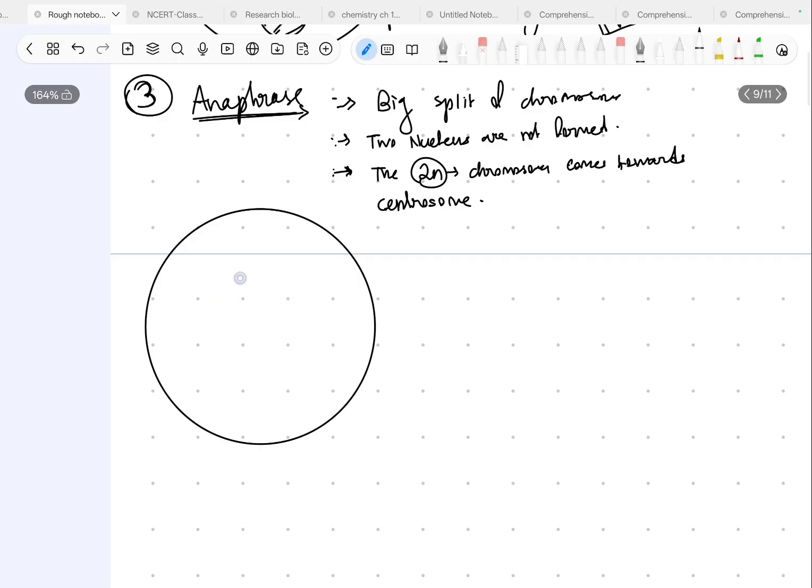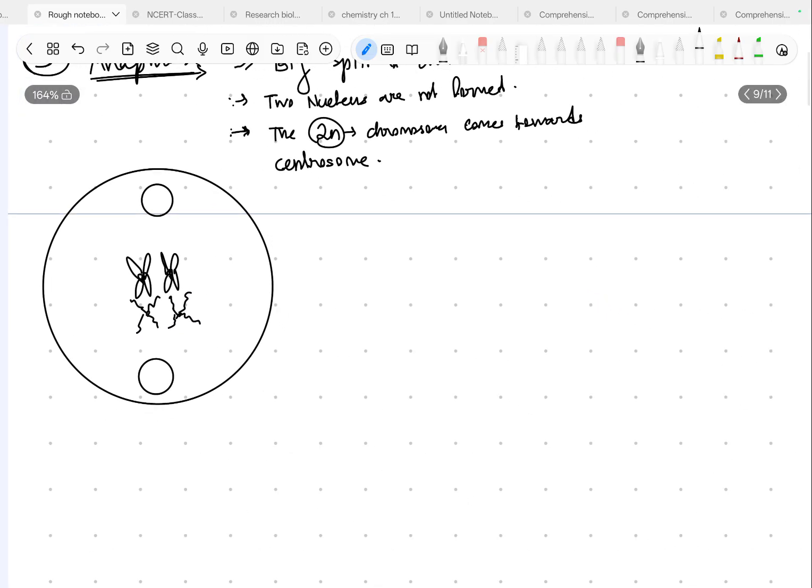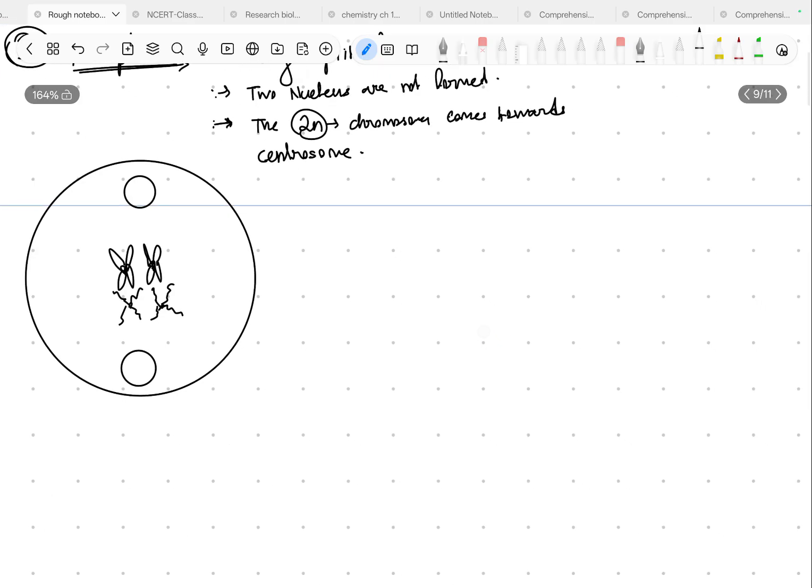The centrioles, the centrosomes are actually here, and the chromosome was in this shape. Here the sister chromatid segregation will occur, like this.